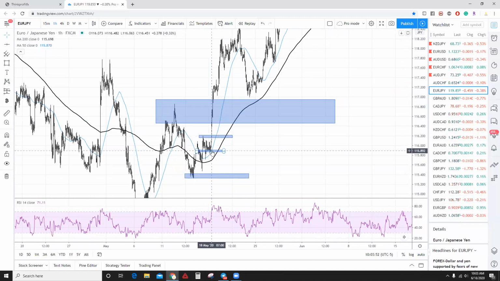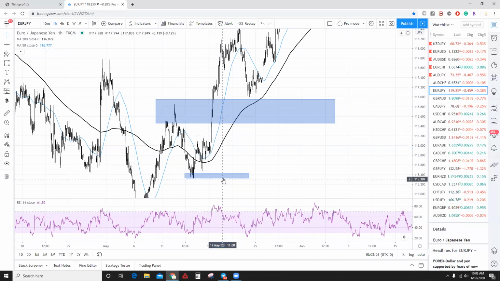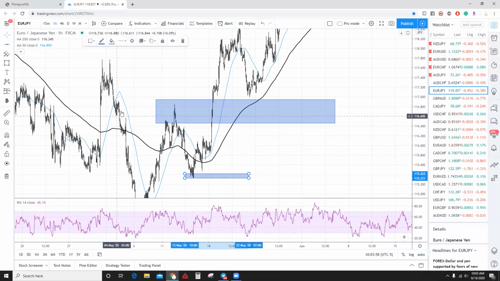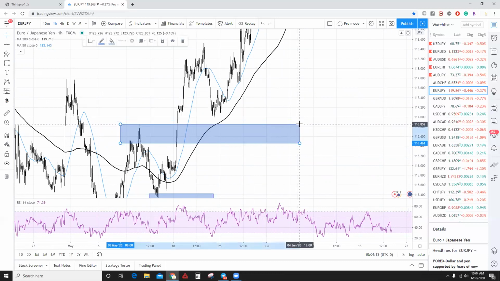Once you get used to looking at support and resistance, ito na po ang time na kailangan nyo i-look the bigger picture. Itong resistance, zone talaga to, di ba? It doesn't really have to be completely dito. Zone lang yung to.